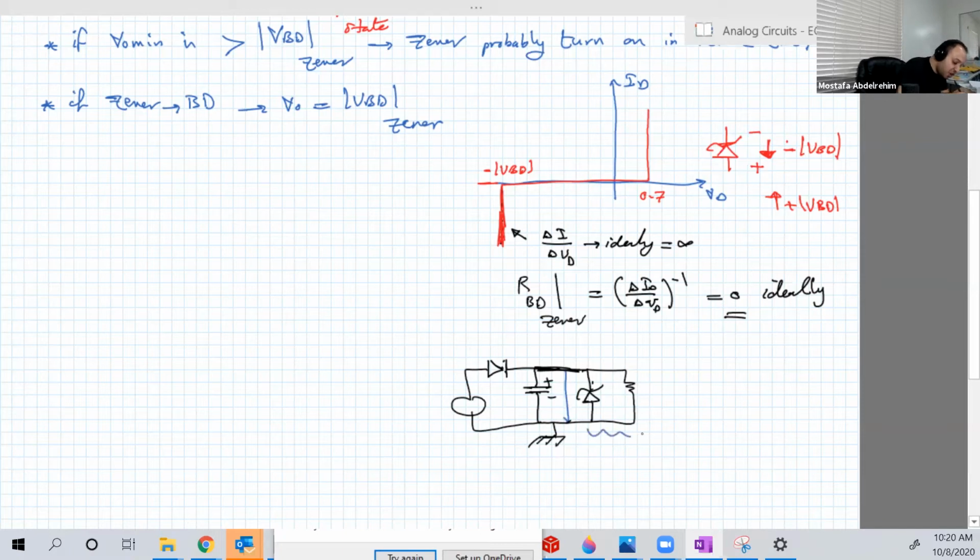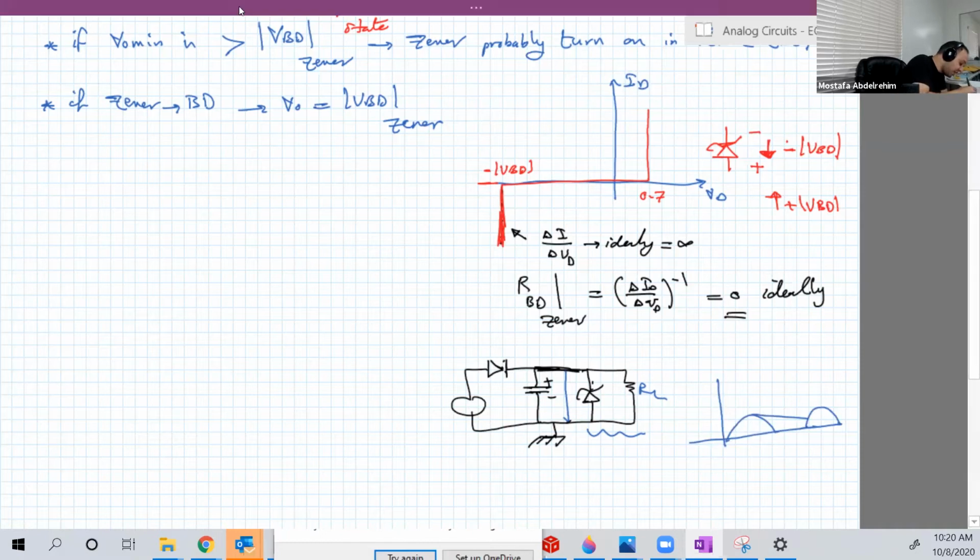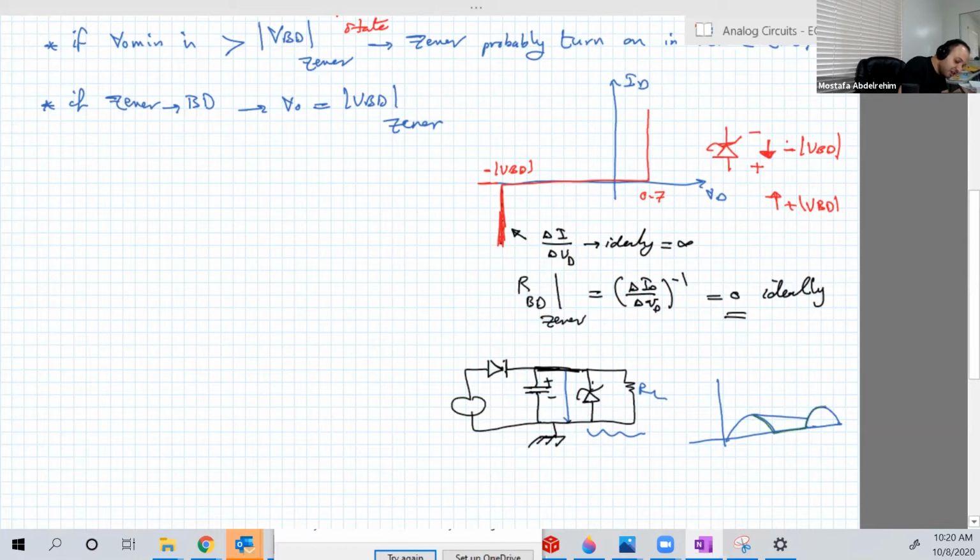As if there is no Zener or R load completely. In the beginning, without a Zener, we have this charge rate like this. With a short circuit, it will become something like this. So you didn't do anything. It returns back to its original state, as a half wave without any capacitor or any Zener.